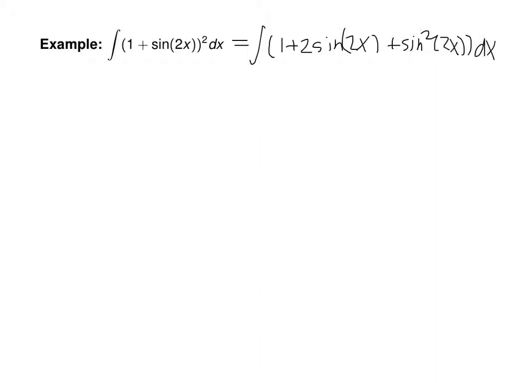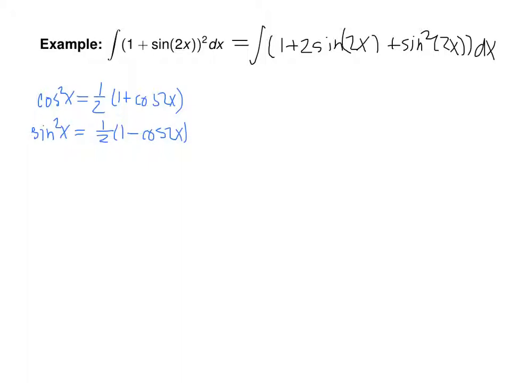And everything's okay except for that little sine squared of 2x guy. And what you have to remember there is these two formulas, that cosine squared x is equal to 1/2 times 1 plus cosine of 2x, or that sine squared x is 1/2 times 1 minus cosine of 2x.